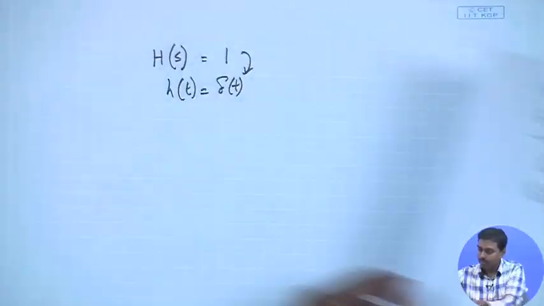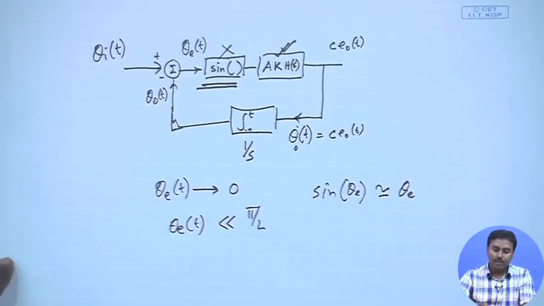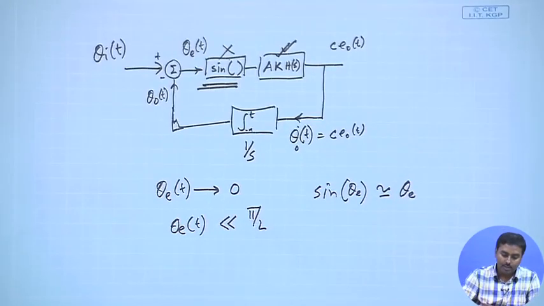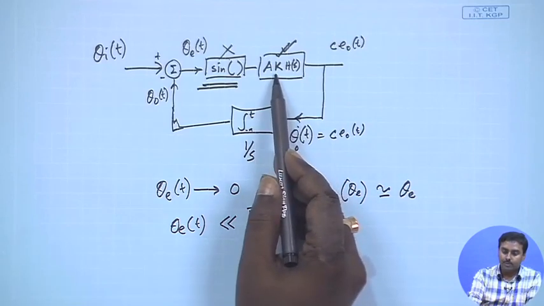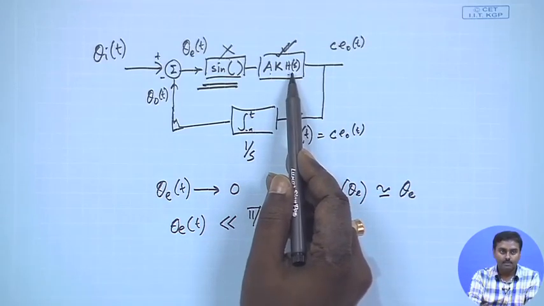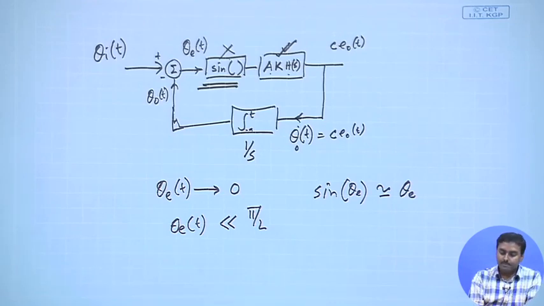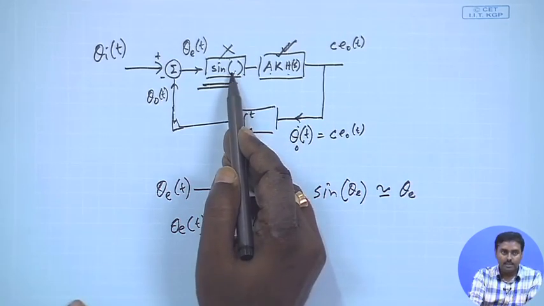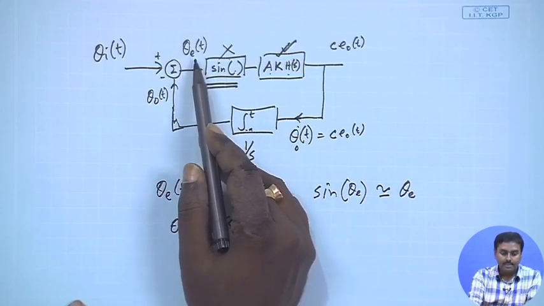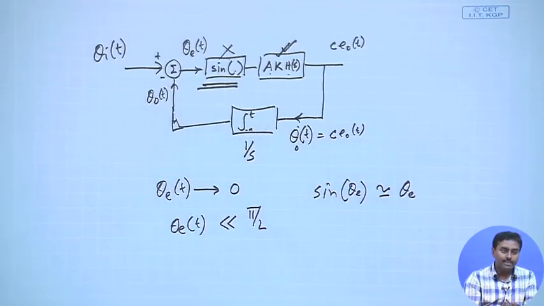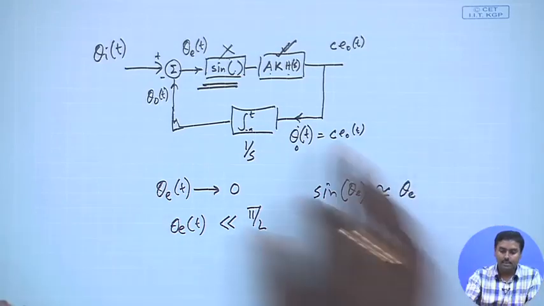If you go back to our filter, there is a sinusoid, after that I am putting AK, and H(s) is becoming 1, because that is what I have employed. So, if there is a sinusoid, I cannot really call it theta e; I can just write it as the sine of theta e multiplied by AK.